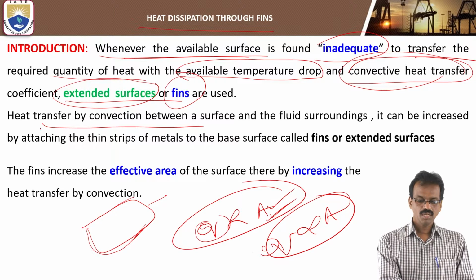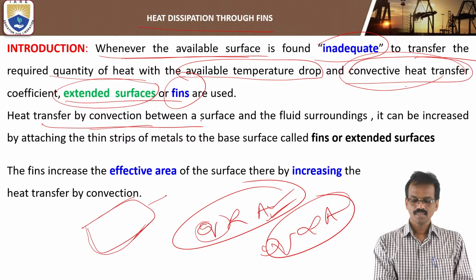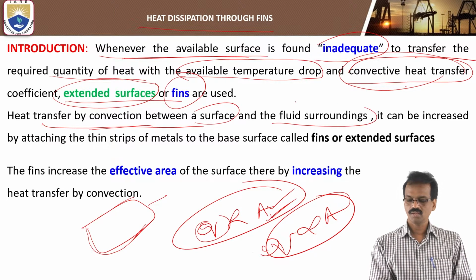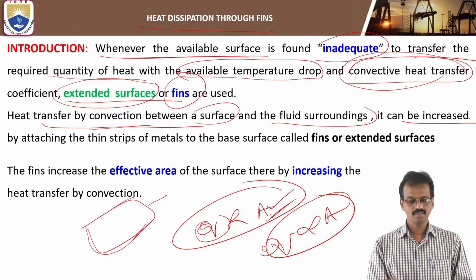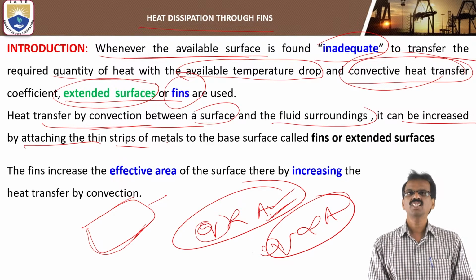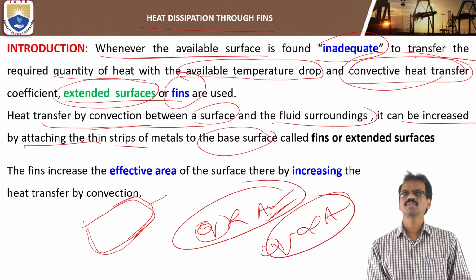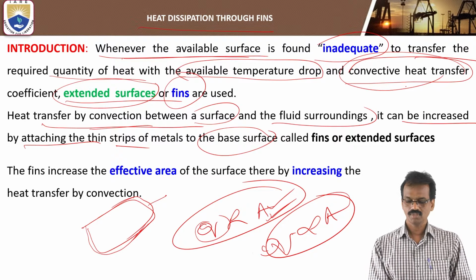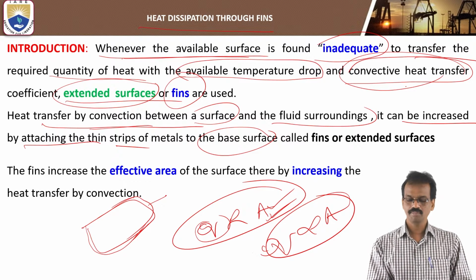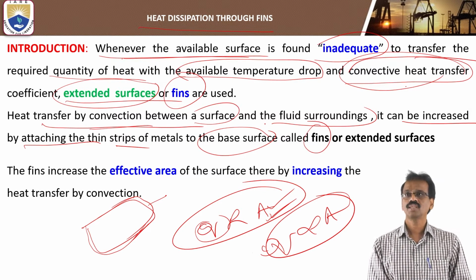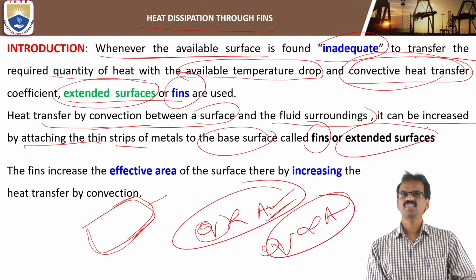So heat transfer by convection between a surface and the fluid surroundings is increased by adding thin strips of metal to the base surface. Base surface means the surface of the engine. These thin added strips are simply called fins or extended surfaces.